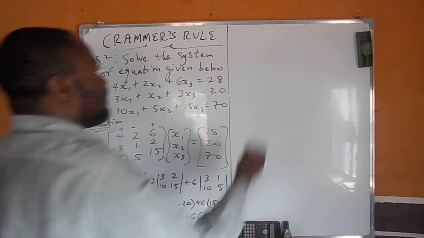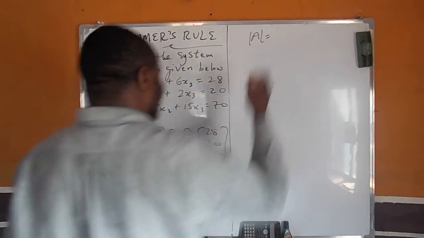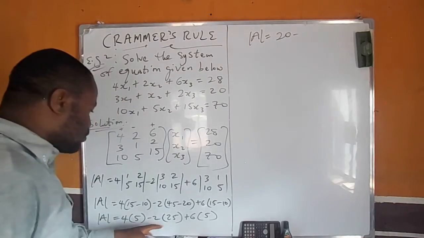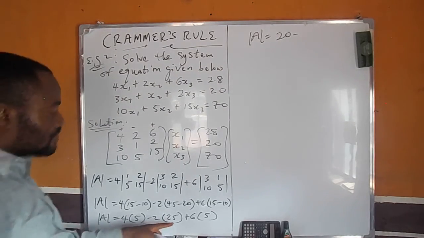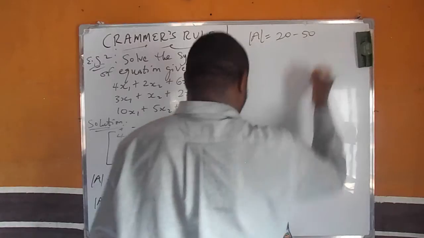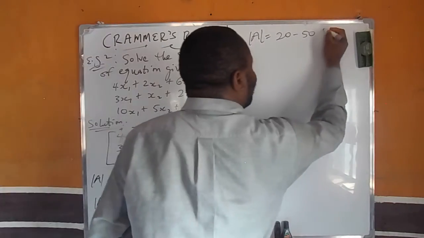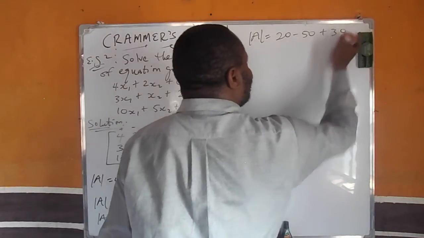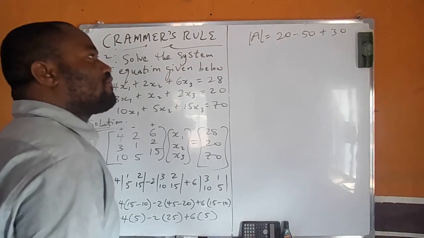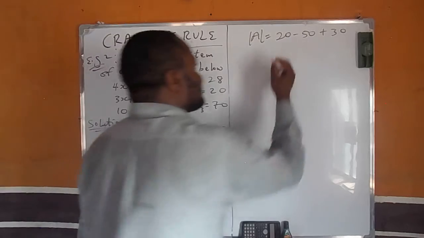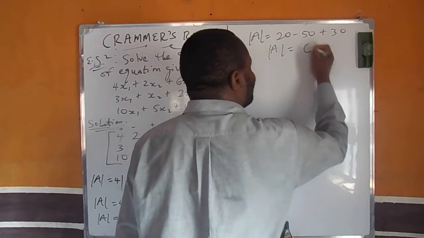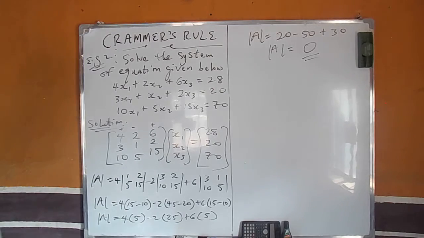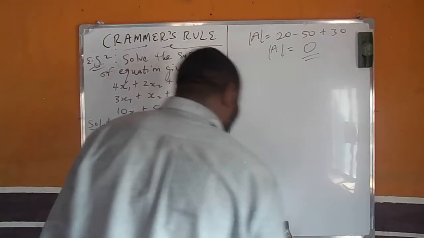Then the determinant of A equals 4 times 5, 20, minus 2 times 25, 50, plus 6 times 5 here. 6 times 5 here will give you 30. 20 minus 50, negative 30, plus 30, the determinant of A equals 0, which shows that the inverse does not exist, a vanished result.